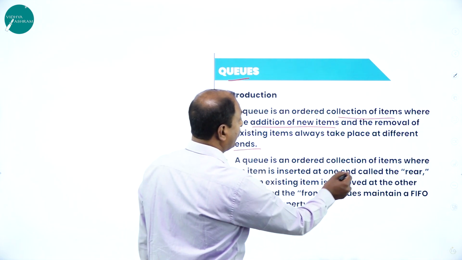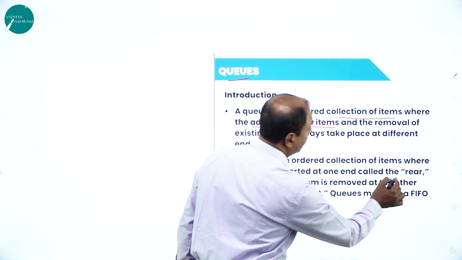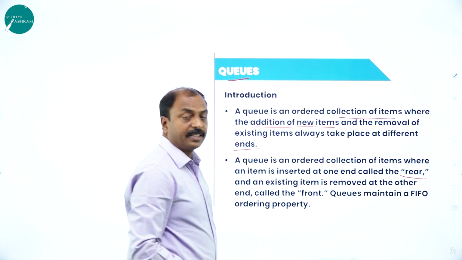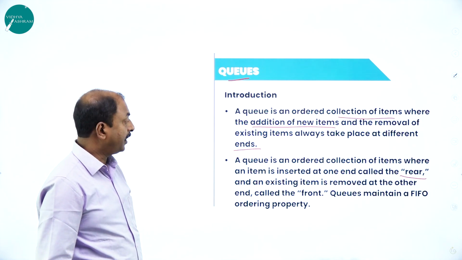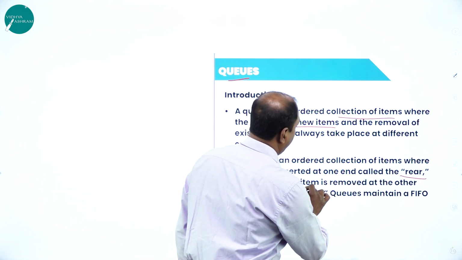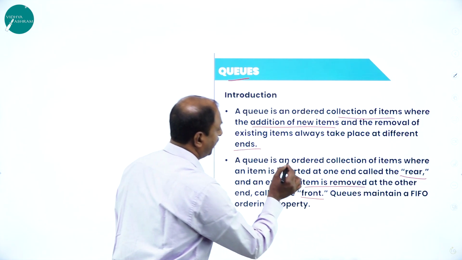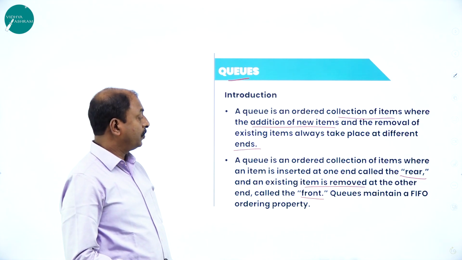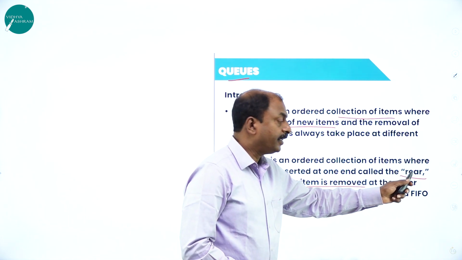It is a collection of items where an item is inserted at one end called the rear end. Rear is a pointer where we insert the new data item, and the existing item is removed at the other end, called the front pointer or front end. So there are two pointers here, front and rear.